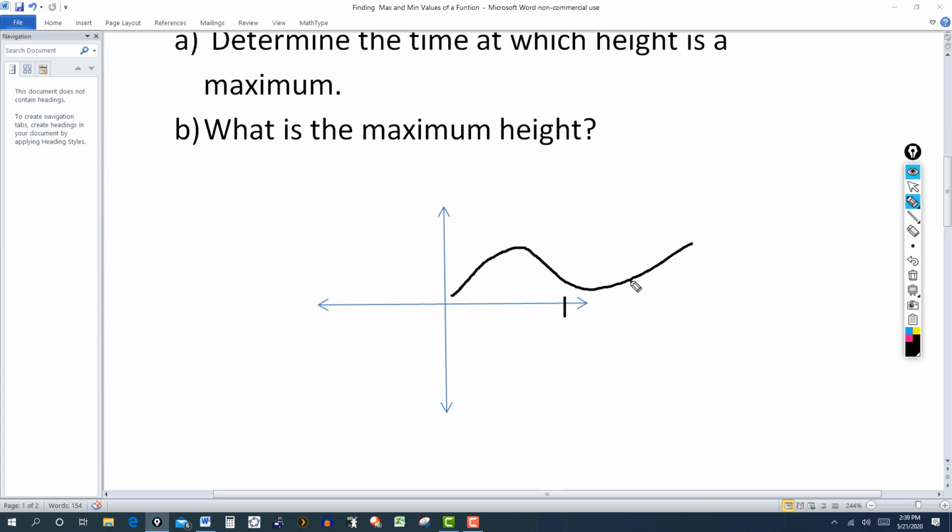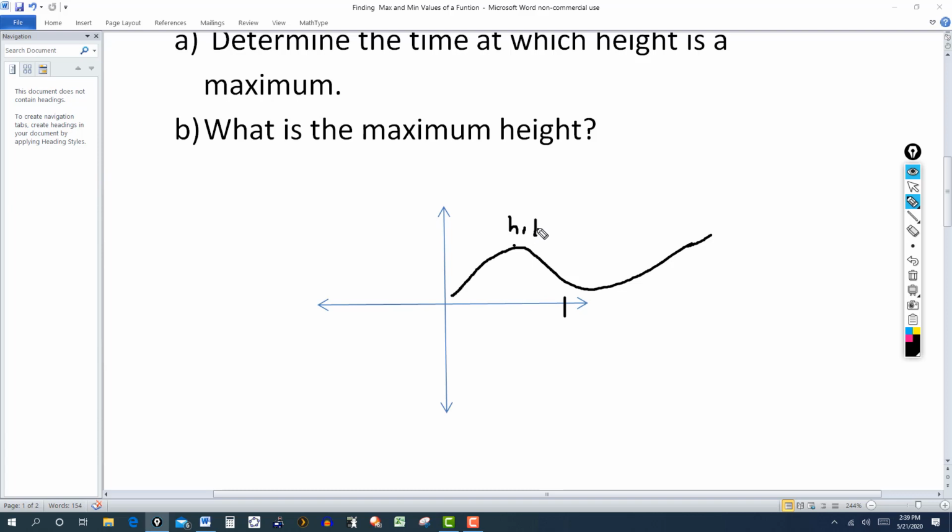Say over here, it's not possible to go to that point, any of these values over here, even though the function continues to go out this way. Then the maximum value in this particular interval is going to occur at this point right here. Let's call it (h, k) again. It's not a parabola though.